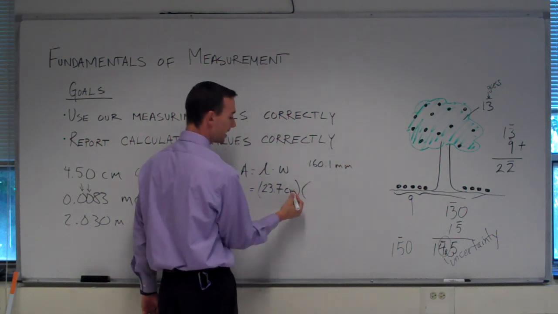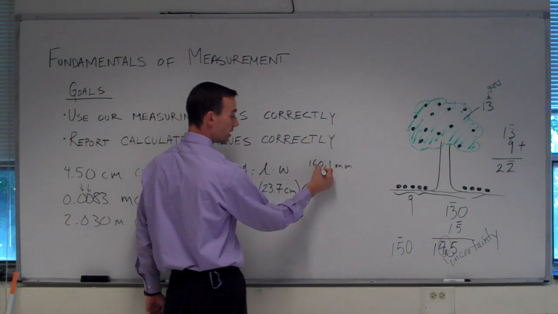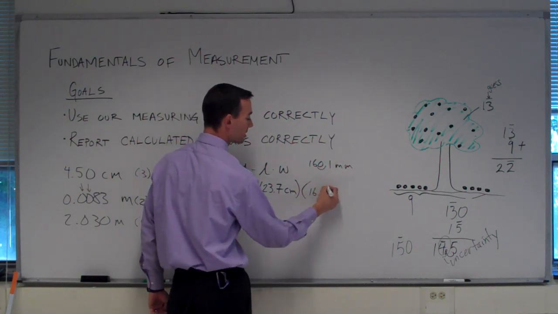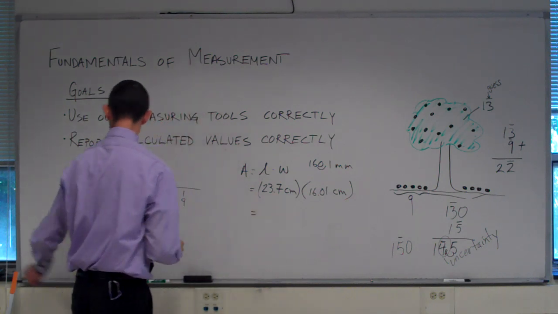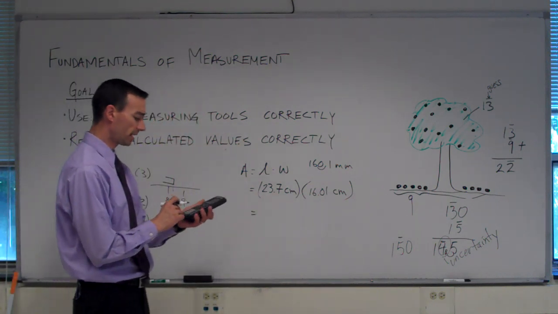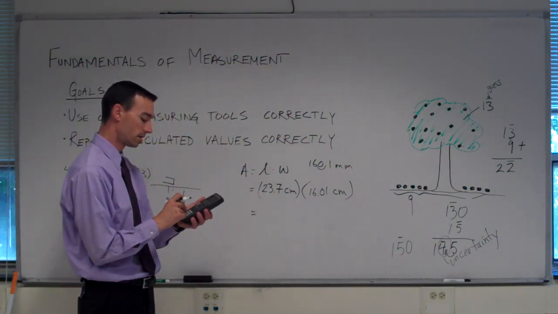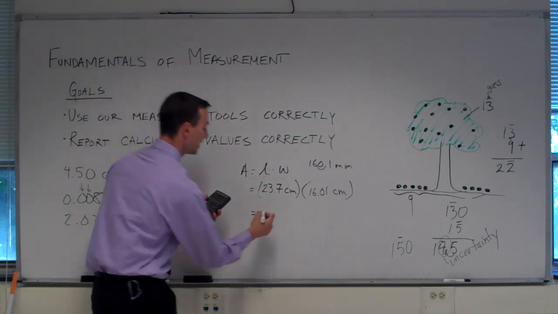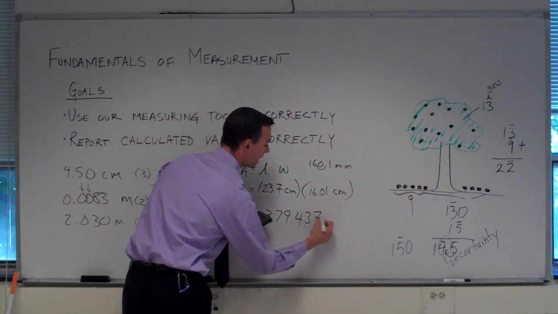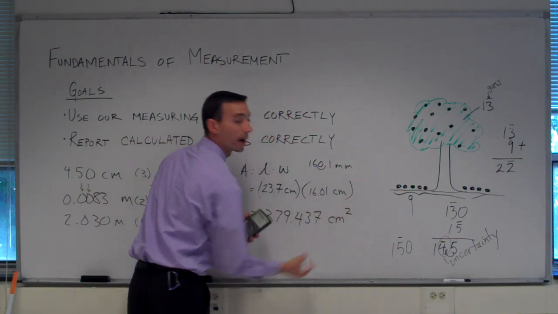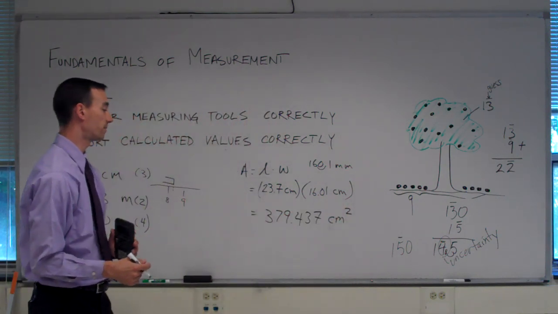I'm going to convert that to the same unit, so that's 16.01 centimeters. My calculator tells me that this answer is 379.437 centimeters squared. Units are part of the answer.